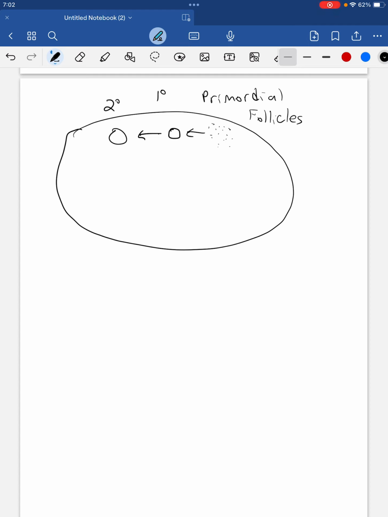This secondary follicle starts to grow and develop cells around it, and these cells produce estrogen. Then this turns into a mature Graafian follicle. The cells thicken.